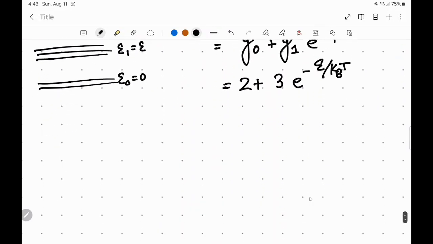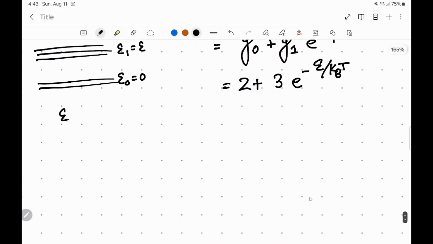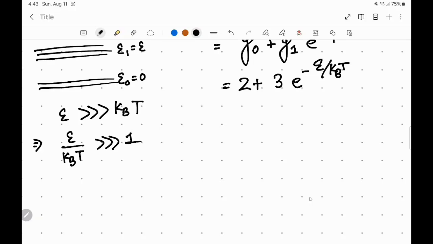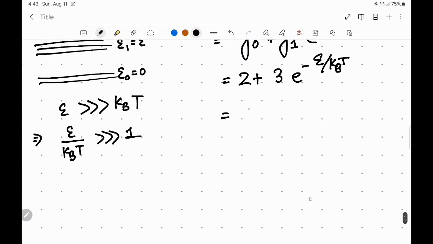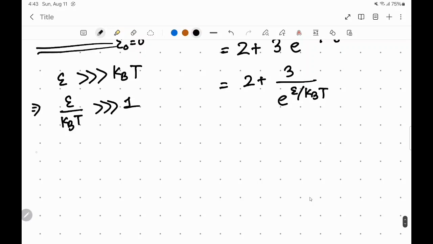Now, what is given? That epsilon is very much greater than kBT. So epsilon by kBT is very much greater than 1. So you can write it 3 by e to the power epsilon by kBT, so it is very much less than 1.